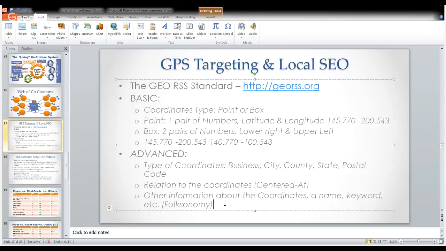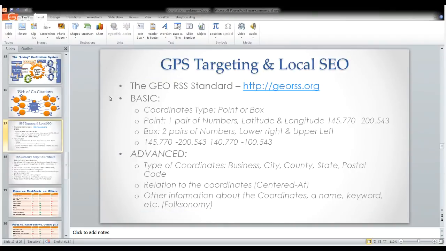Or I could put some other keyword phrase, or just name a city, or just put in a postal code. That would be what is filled in there on the GPS. And so it gives you quite a bit of flexibility to hint to Google more about what you're really about and what this feed should be indexed as. That makes it a lot easier to target local SEO, businesses and those types of things.